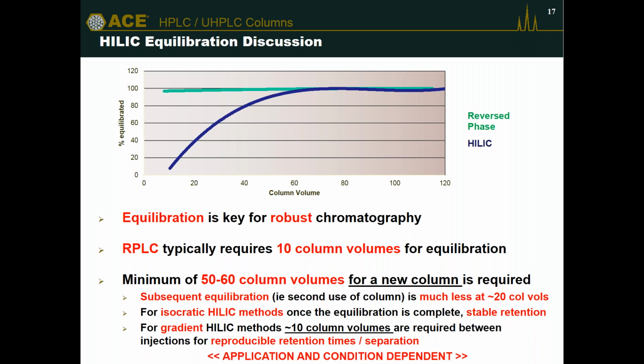Now, this can be application and condition dependent, depending on the properties of your stationary phase and of your mobile phase. But in general, you need to consider equilibration time between injections of around about 10 column volumes. So equilibration is very important in HILIC to get reproducible and stable retention times.